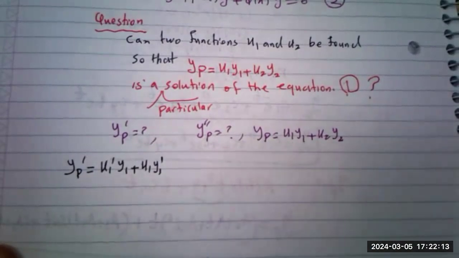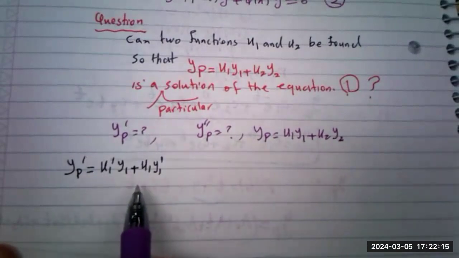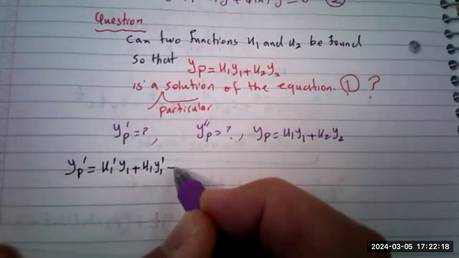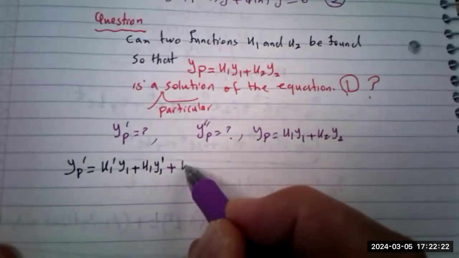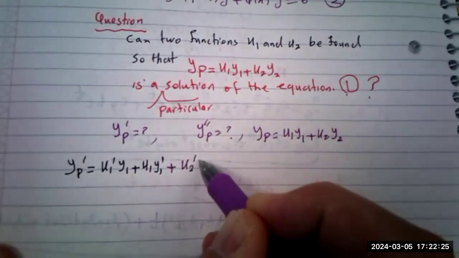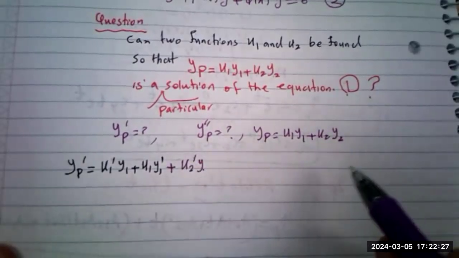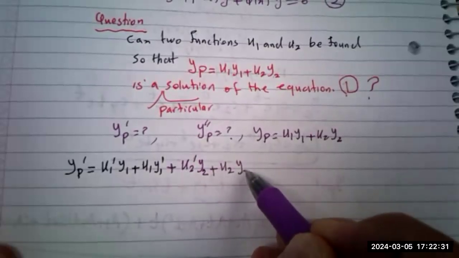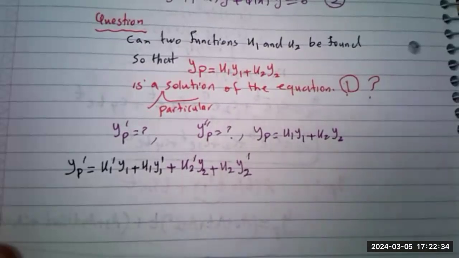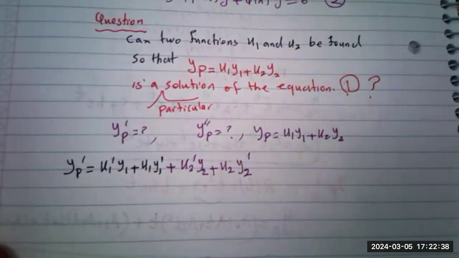Then we do the same thing to the second one, plus u2 prime times y2 plus u2 times y2 prime. That's the derivative of the first times the second plus the derivative of the second times the first. So that would be our yp prime.